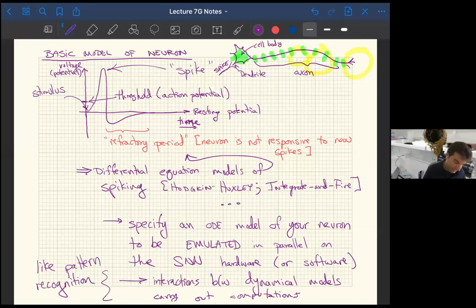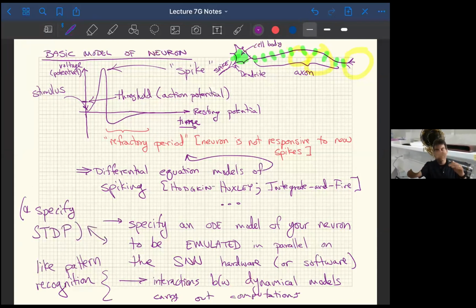So I could specify this, and then you could also specify spike timing dependent plasticity. Not only are you specifying that the neurons act this way, but you can also specify the way in which these neurons are coupled together.